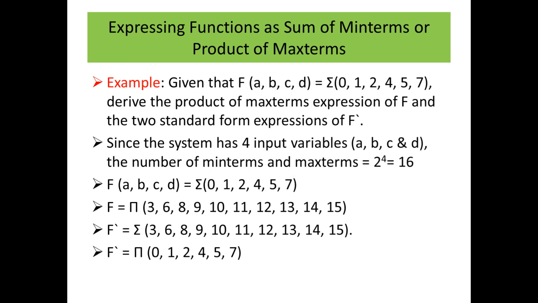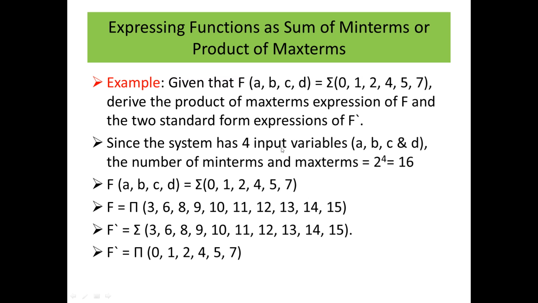An example is given here, students. f of a, b, c, d. How many variables are there? 4 variables are there, a, b, c and d. So what is given here? Summation, SOP, sum of product terms, sum of minterms 0, 1, 2, 4, 5, 7. Derive the product of maxterms expression of f and the 2 standard form expressions of f bar.